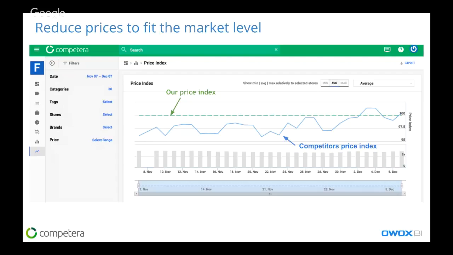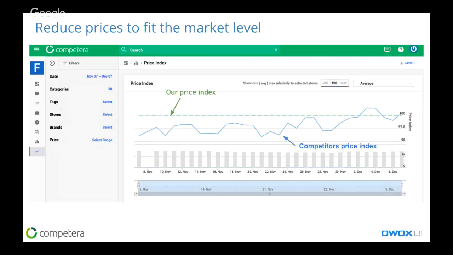So this is quite an exciting instrument for tracking your pricing strategy and making sure that you're keeping up with your KPIs, especially for category managers and top management who track the efficiency of category managers.